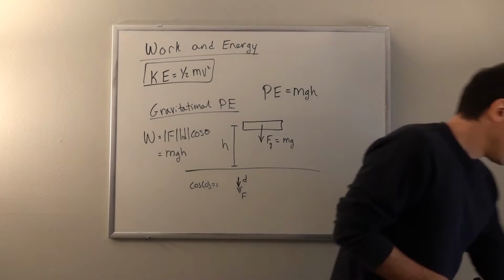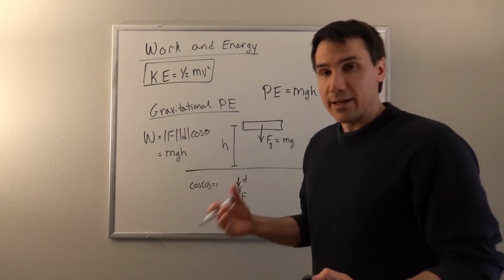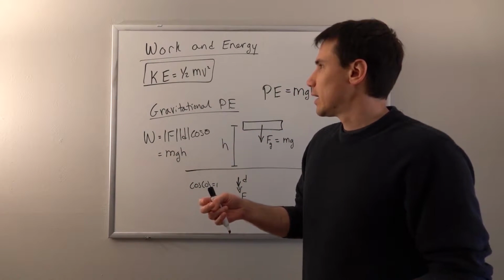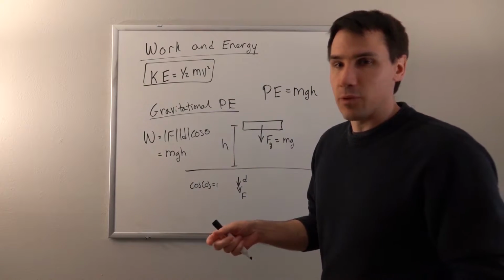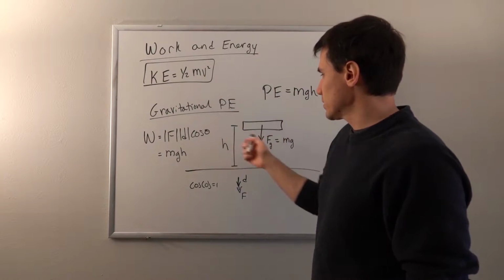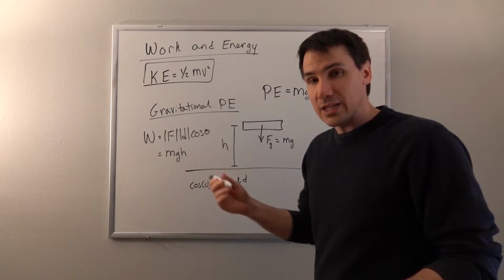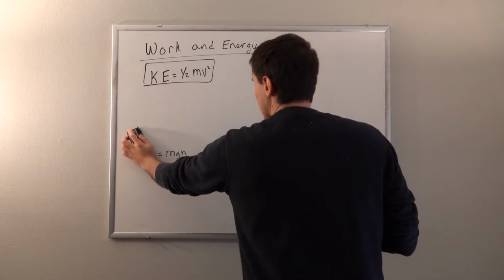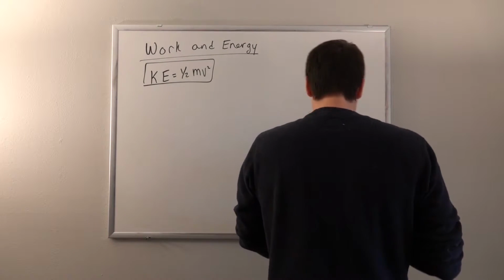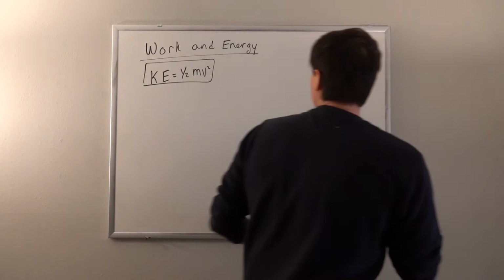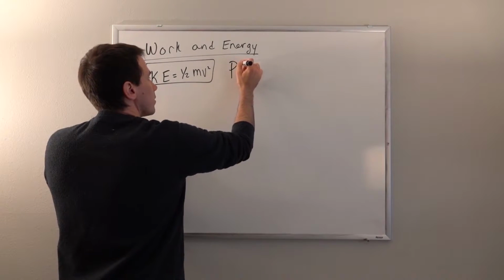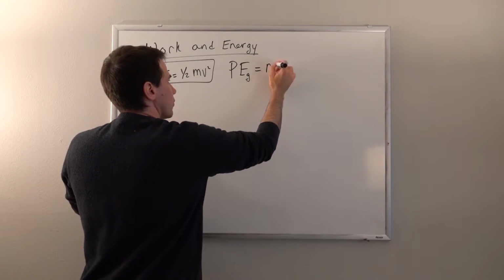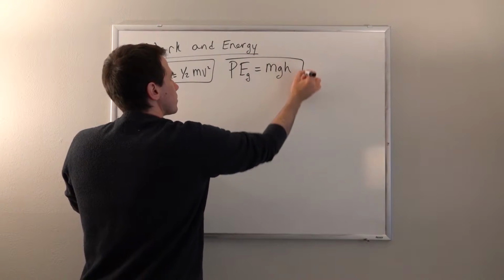Okay, so let's see why this is such a useful concept to think about. Specifically, let's do an example where we have some potential energy and we transfer it into kinetic energy. I'll write our PE sub G, potential energy due to gravity, mgh.